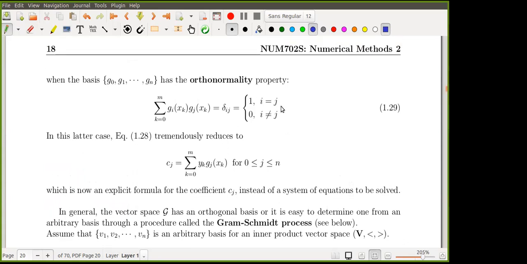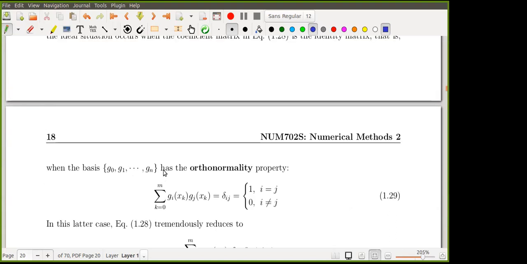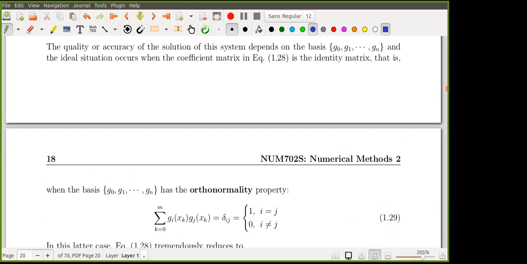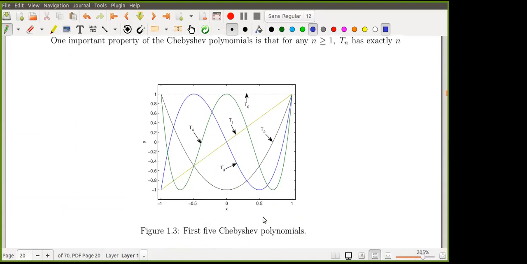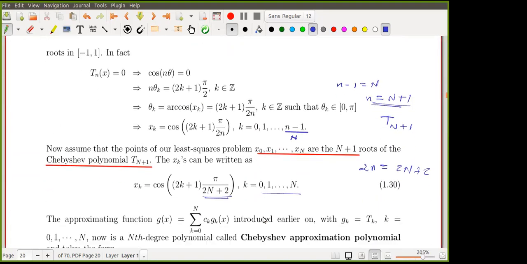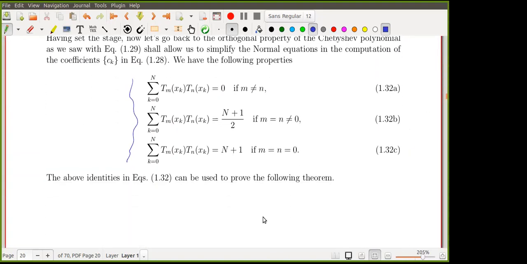So if i is equal to j along the diagonal, we'll be having pi by 2 here or pi, depending, because for this case, instead of 1, we have pi or pi by 2. So let's look at those cases.